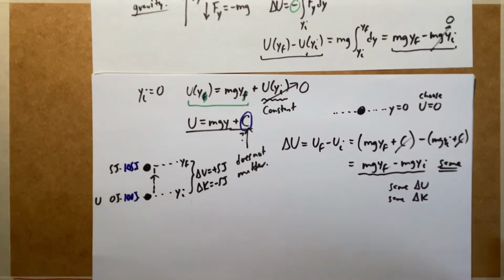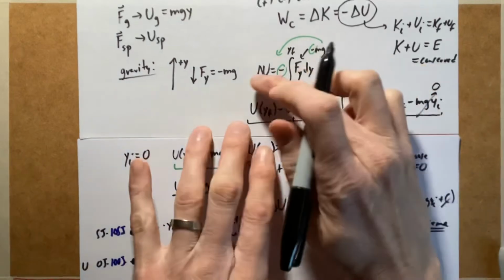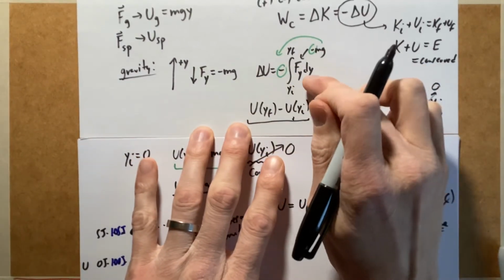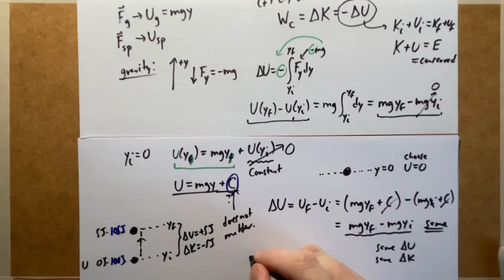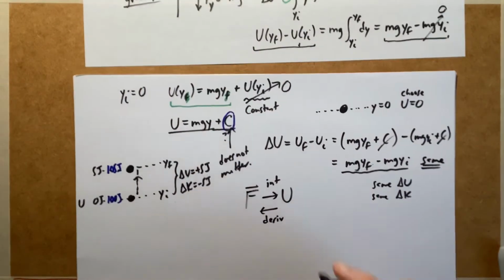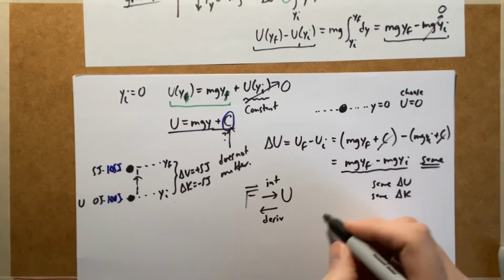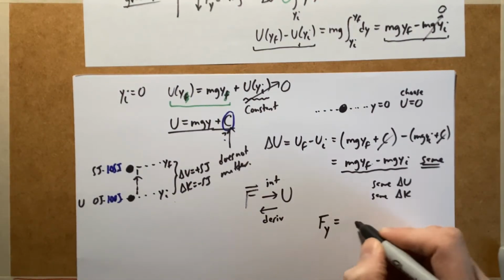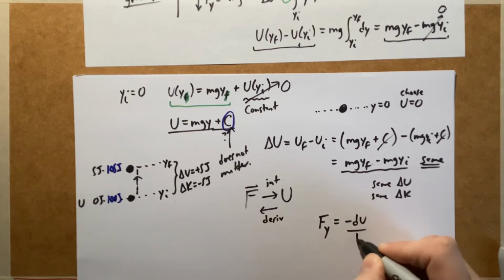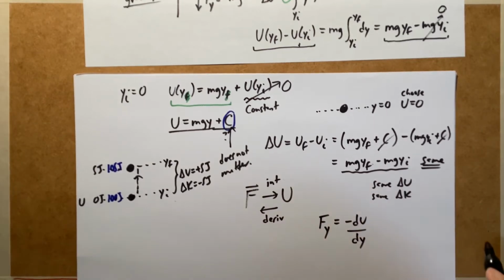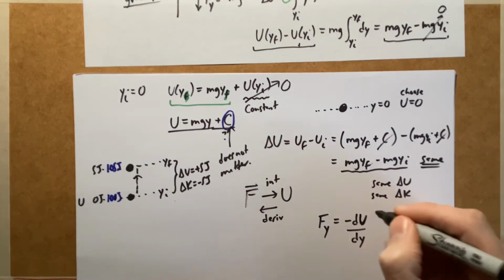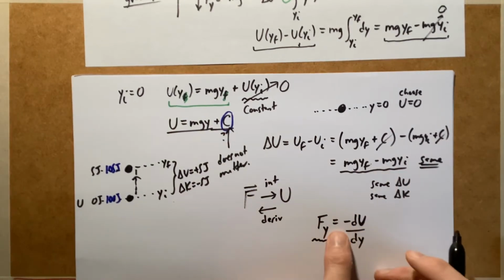If you need another example, if the integration of F gives you U, then looking at the relationship between F and U, going this way you integrate. To get back, of course, we take the derivative. Those are inverse operations. So the reverse is that F_y is minus dU/dy. Essentially, if I want to recover the force, I take the negative of the derivative of the potential energy function.